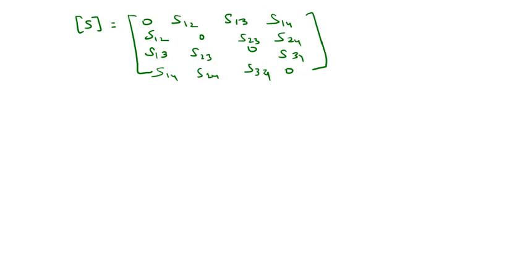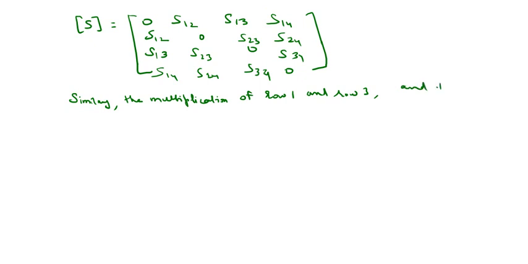Now what I want to tell you is that the multiplication of row 1 and row 3, and the multiplication of row 4 and row 2, gives the following.